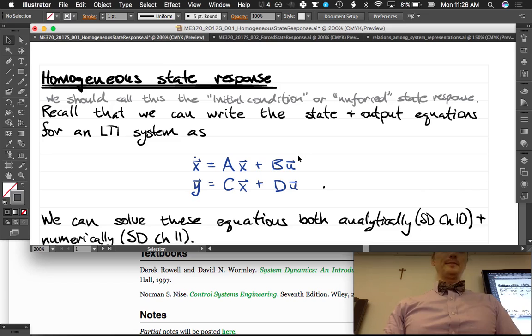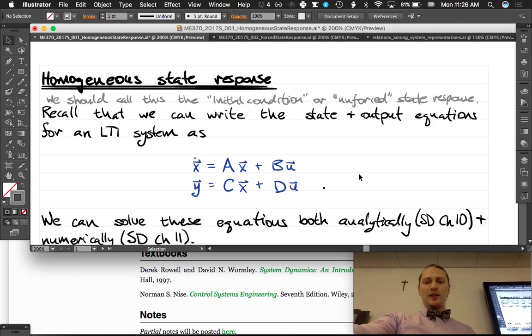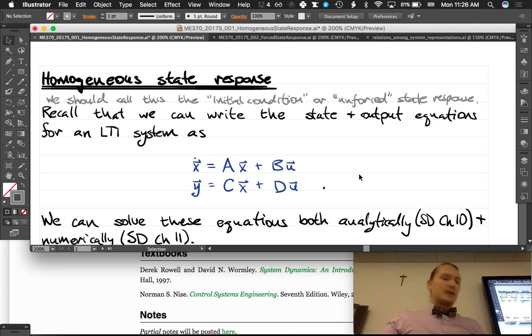So, the first thing to note is that this section and the material in it are totally misnamed, but they're called this in the textbook. I just don't like the name. They call it homogeneous state response.